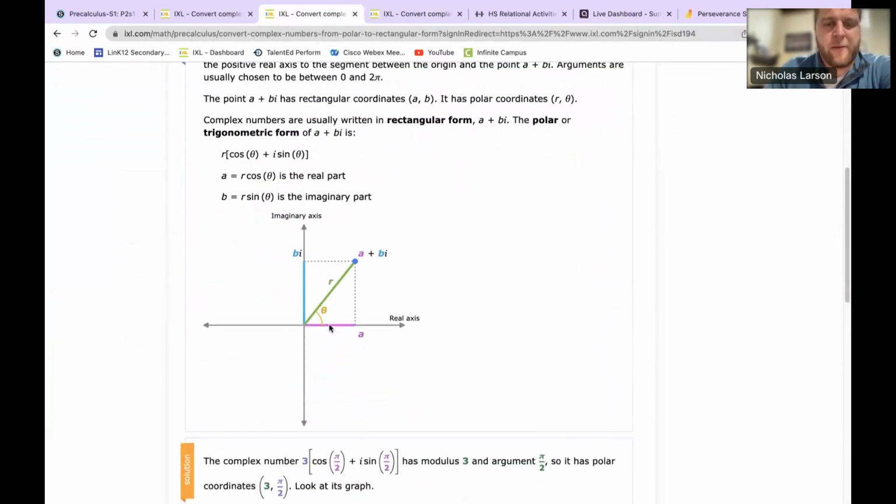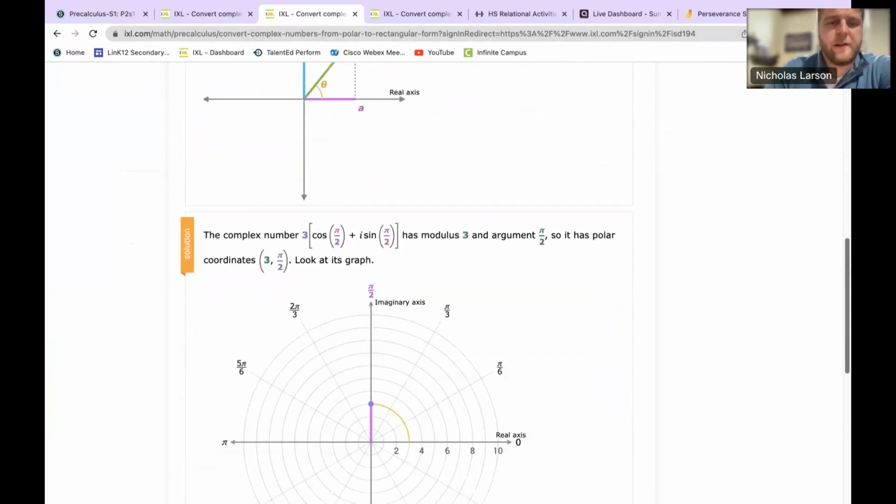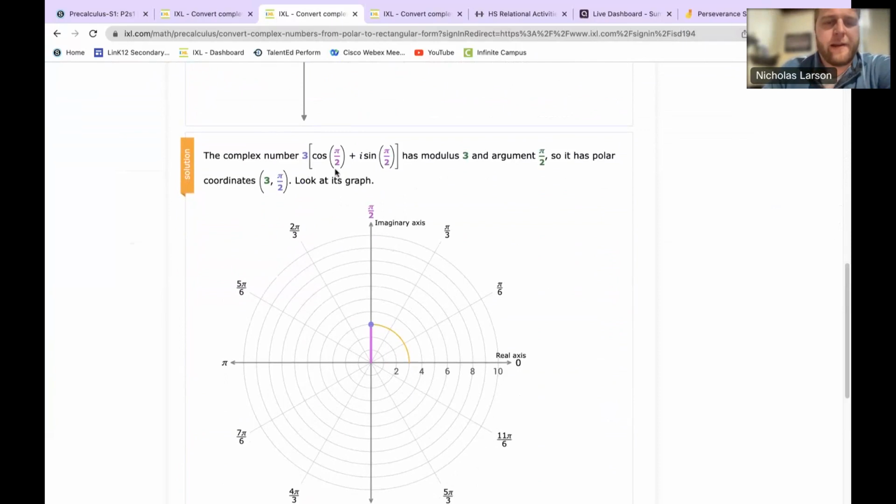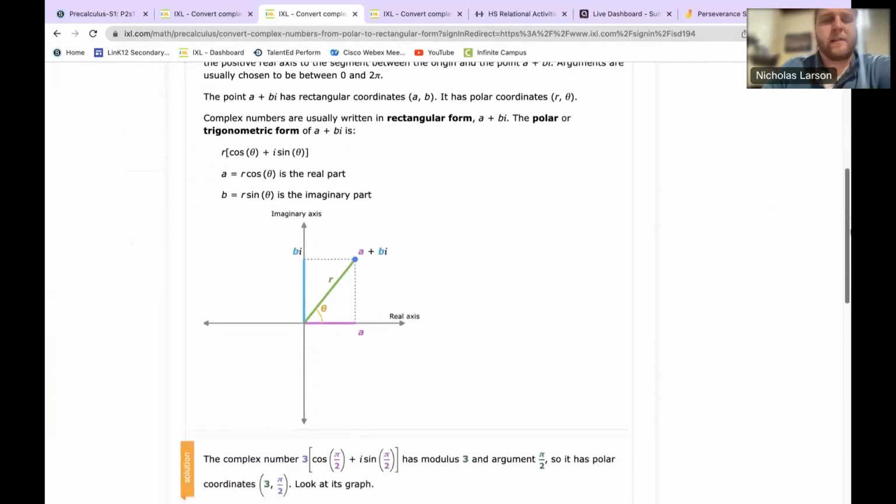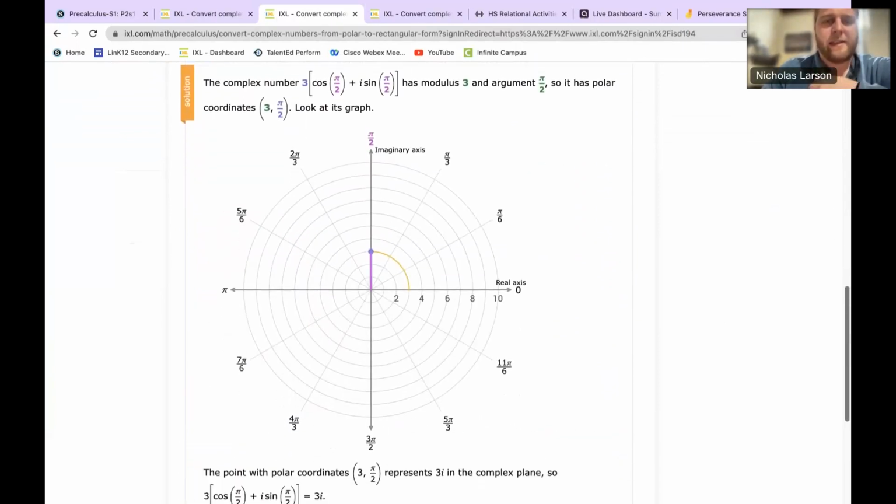Still thinking about my real axis being down here, my imaginary axis being up here. With an R of 3, I know that it's going to go up 1, 2, 3 units. Pi over 2 is a quarter turn, which is 90 degrees. Pi over 2 is my theta. And I don't have an I value in this example, so that stays the same as well.